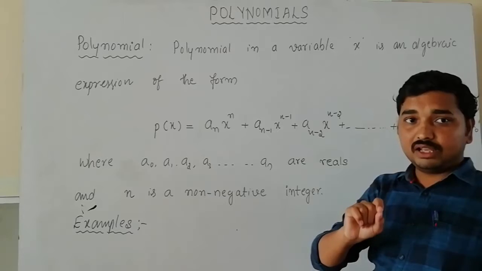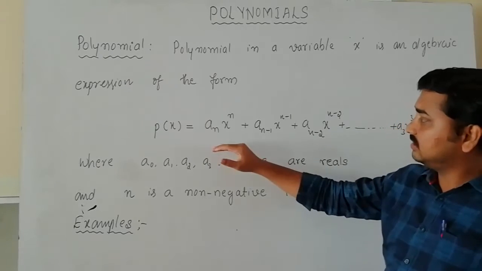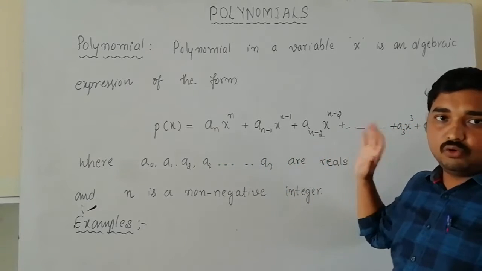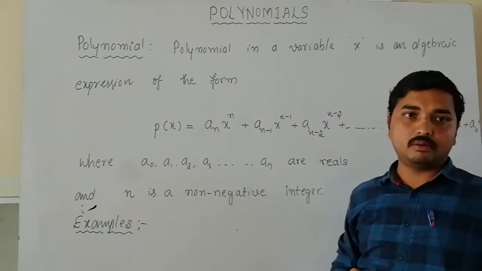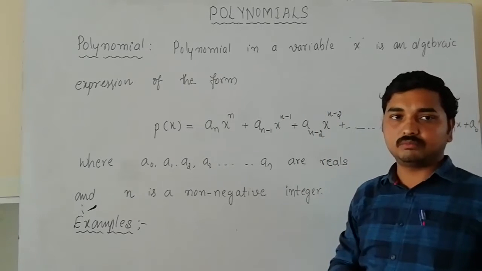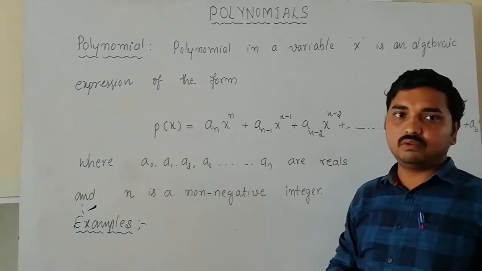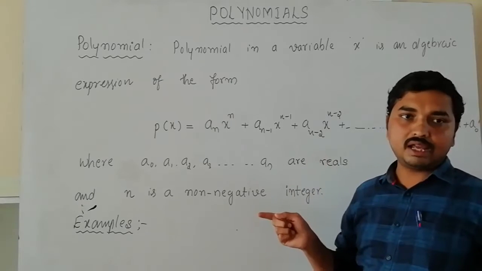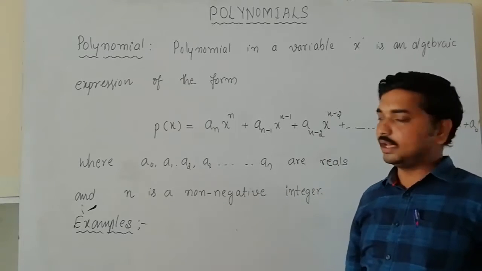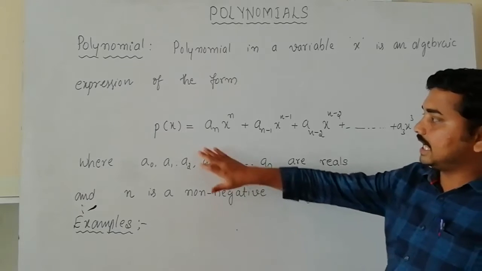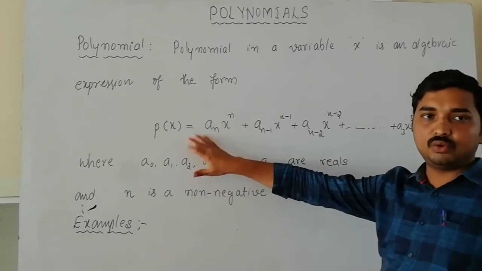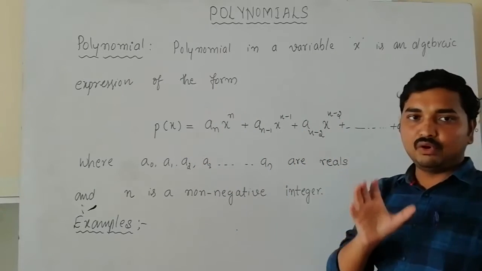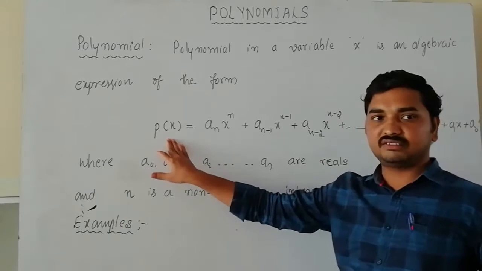Whenever an algebraic expression is in this form, then only it is called a polynomial. When it follows the general form, then only the algebraic expression becomes a polynomial. The general formula is like this: P of x is equal to. We always denote a polynomial like this: P of x.